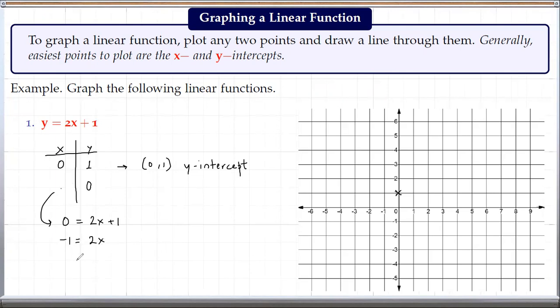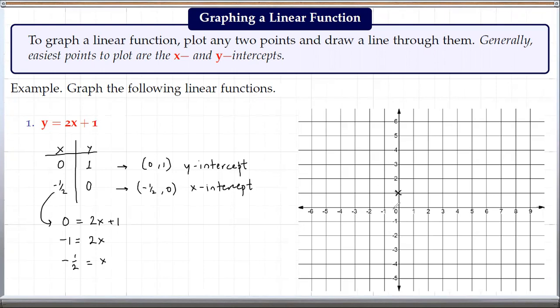And then divide both sides by 2. So you get negative 1/2 equals x. So this must be negative 1/2. So this is the point negative 1/2, 0. This is the x-intercept.